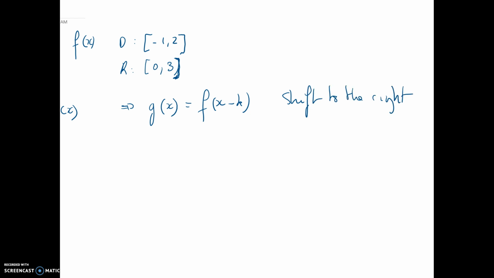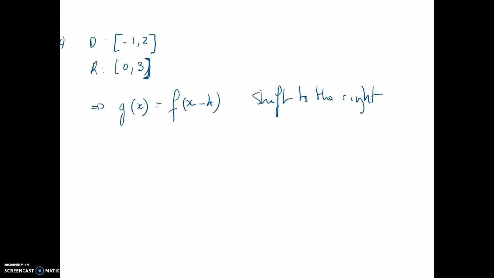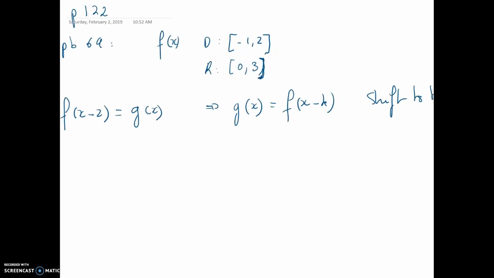So I'm dealing with a function that has been shifted 2 units to the right. Because of the -2, I know it has been shifted 2 units to the right.